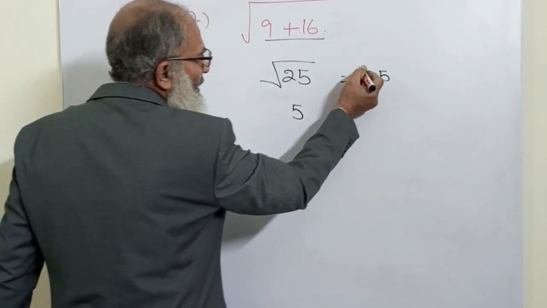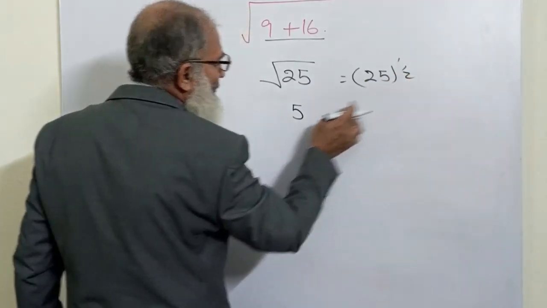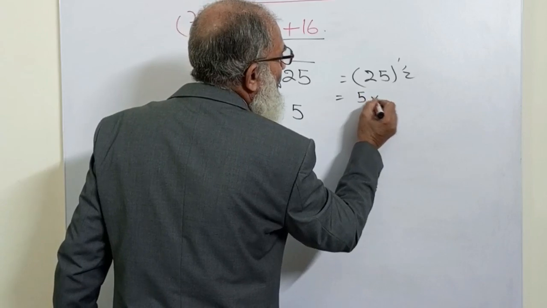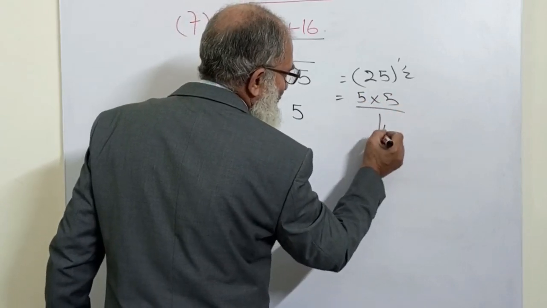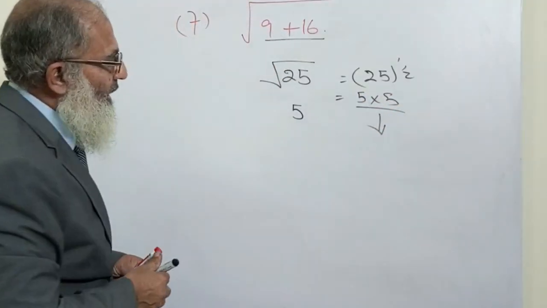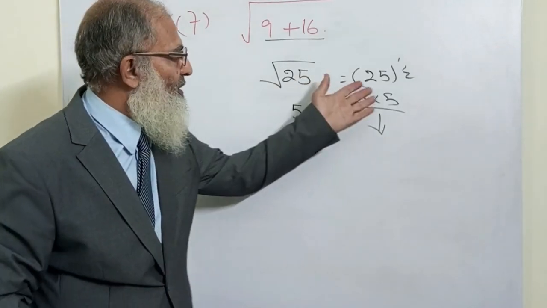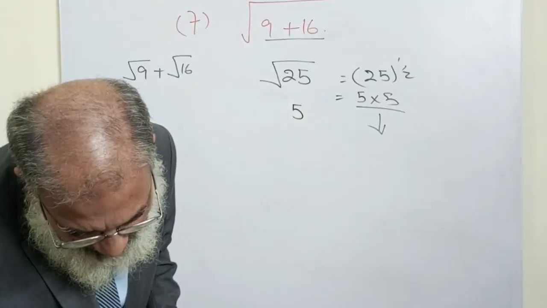25, half, and it is 5. And one comes out of here, I've told you three ways of solving this. One, two, three.